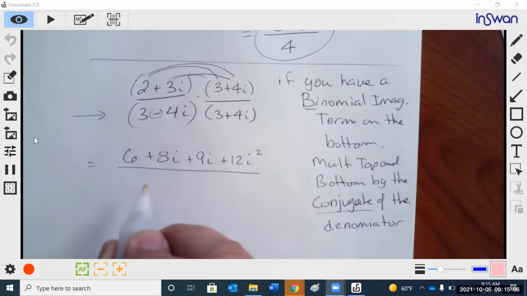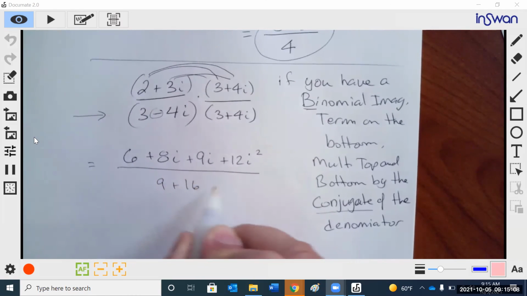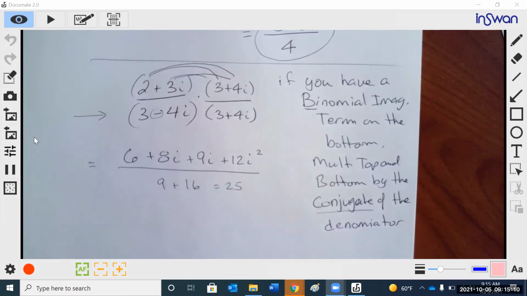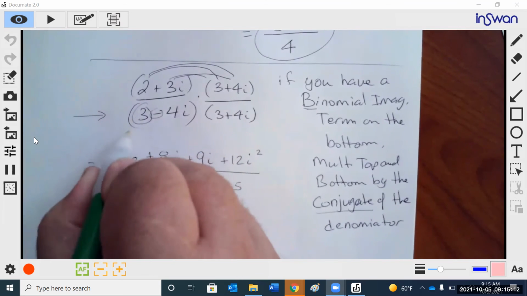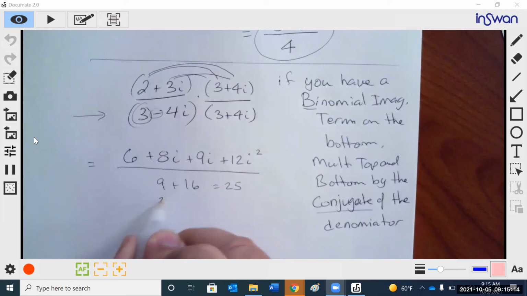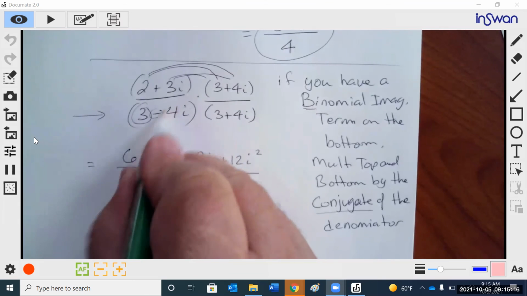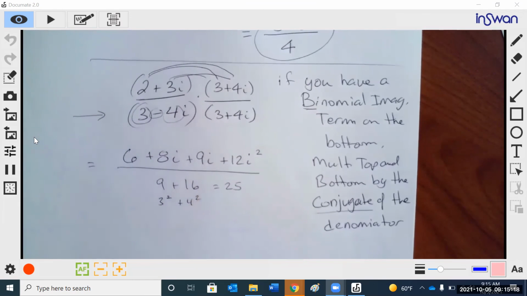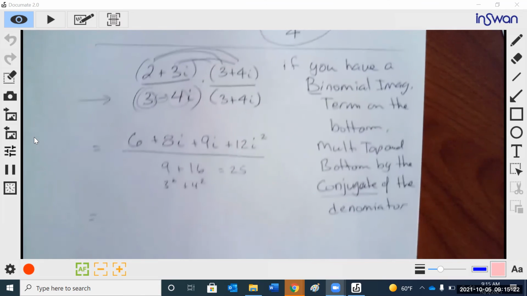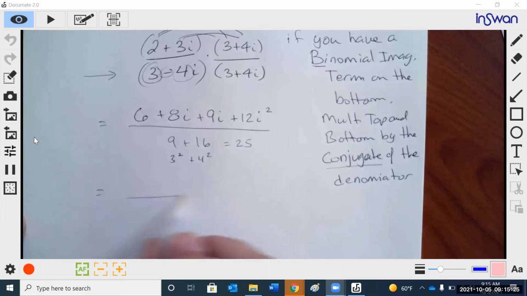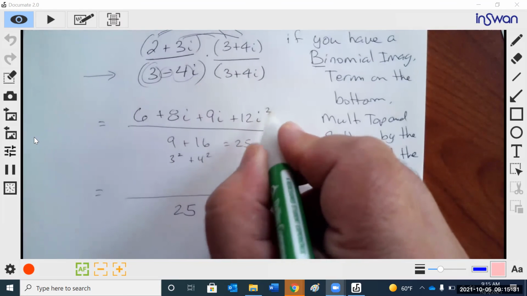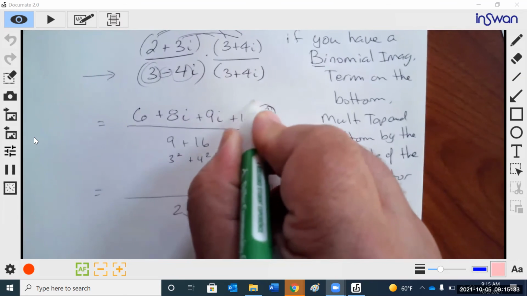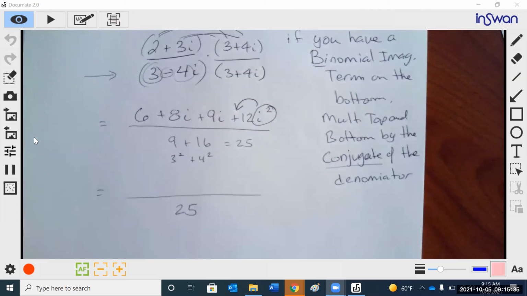On the bottom, 9 plus 16. Remember, take this number, square it. Take this number, square it. So the bottom number is going to be 25, right? That i squared changes that sign to a negative.